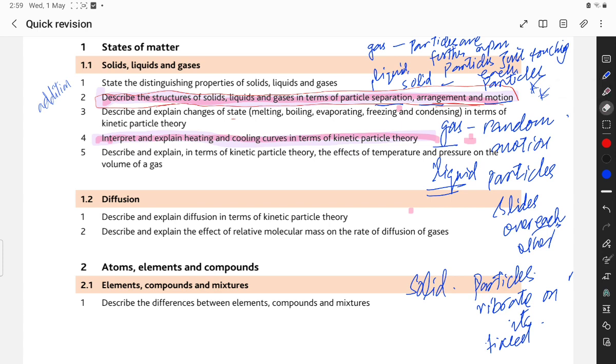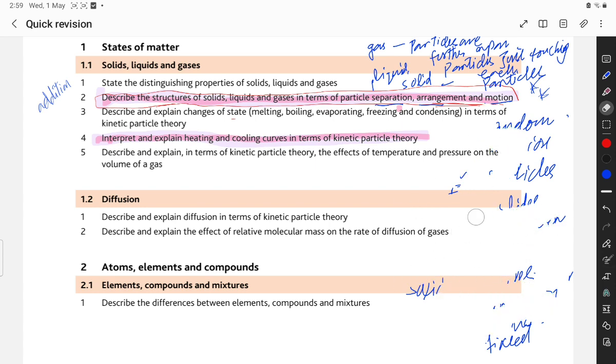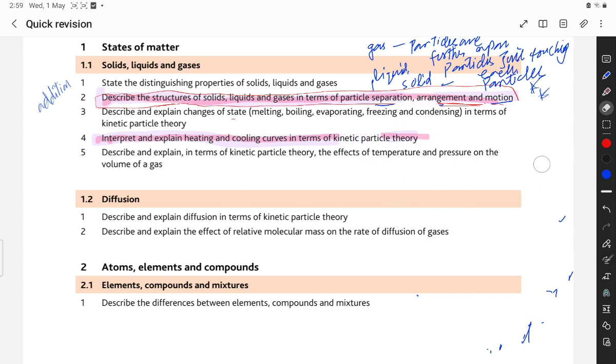Now the next topic is describe and explain changes of state: melting, boiling, evaporating, freezing and condensing in terms of kinetic particle theory. This is an old topic and you know how to explain this.